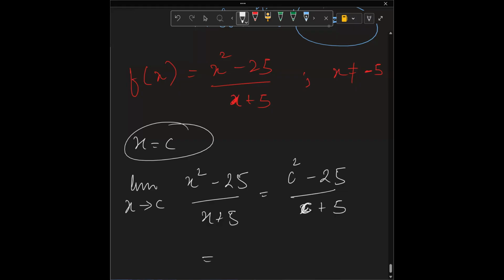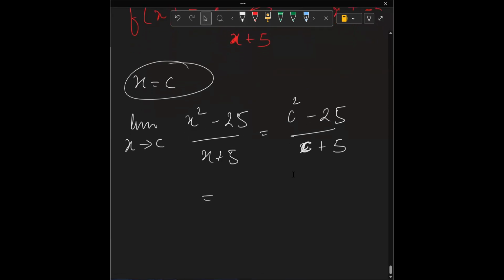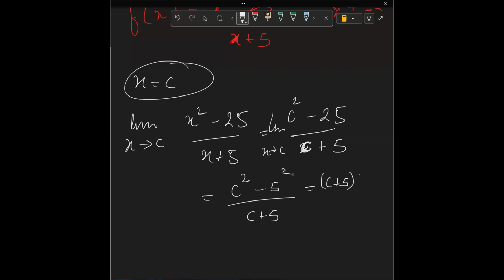One more thing, do you know that I can write this numerator as c square minus 5 square, using the formula a square minus b square, as c plus 5 and c minus 5? And you have c plus 5 in the denominator, so this will get cancelled out.